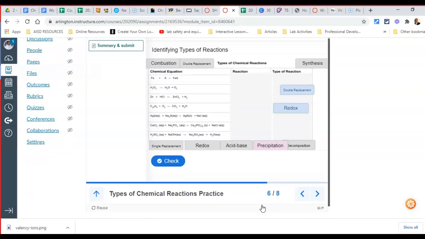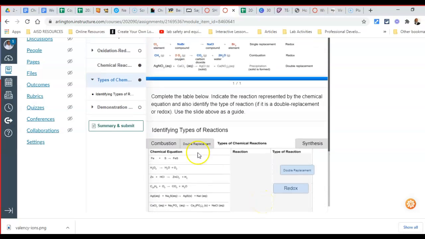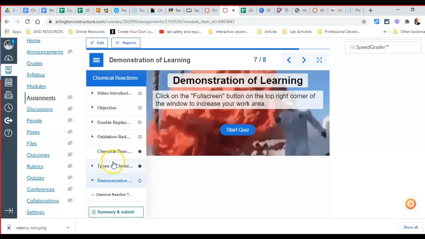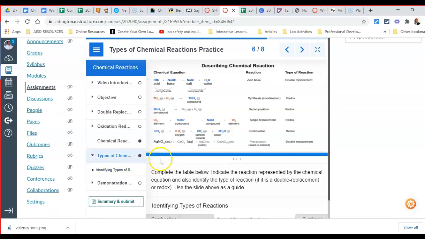The last thing here that I expect you to do is the demonstration of knowledge. It's a very short quiz. Now, when you're doing this activity, this slide simply gives you examples of each of them. This is an example of how I expect you to do this assignment. So identify the reaction and then the type of reaction.